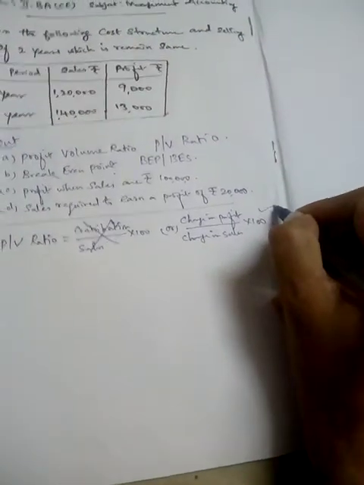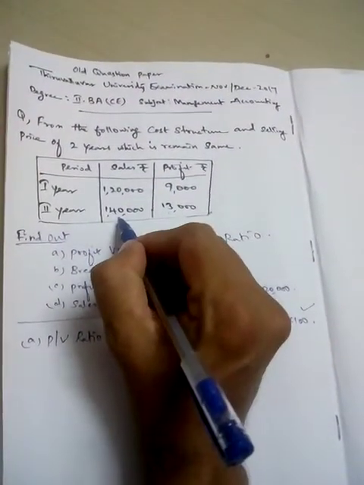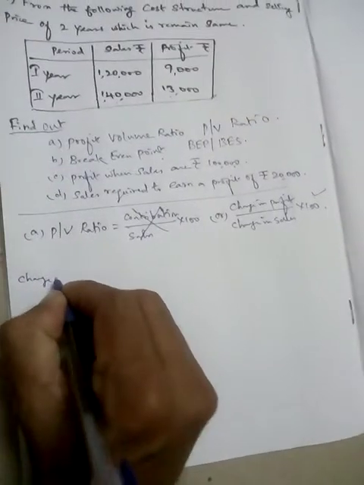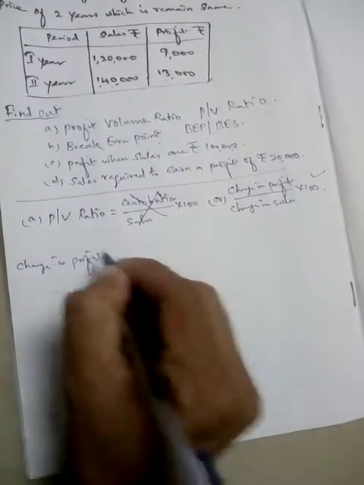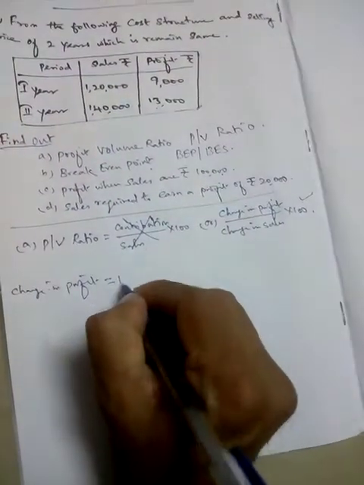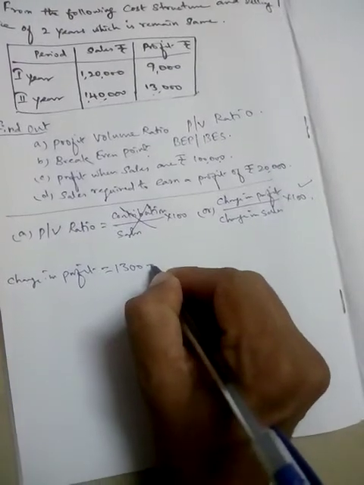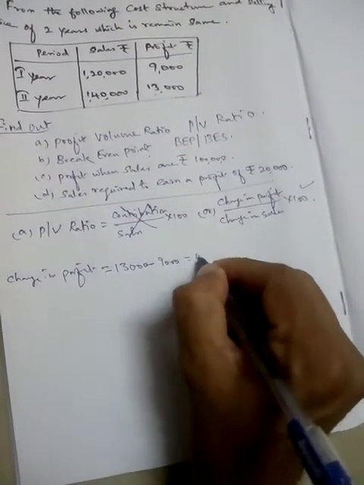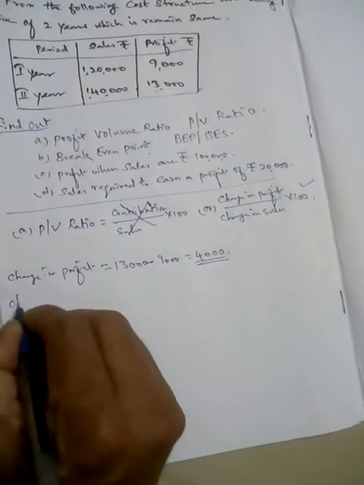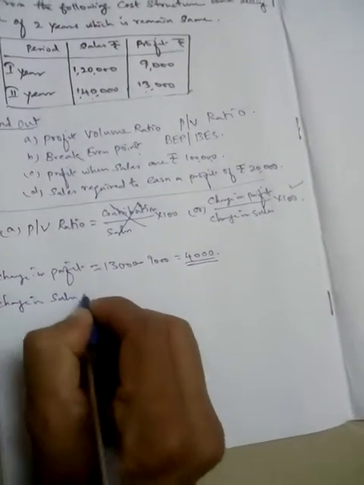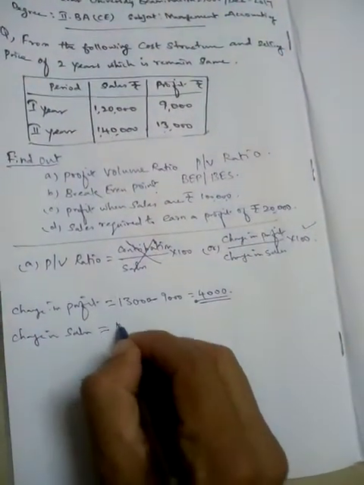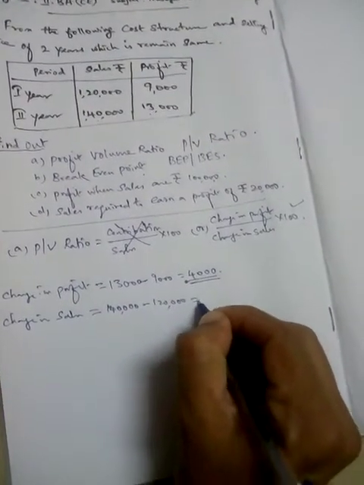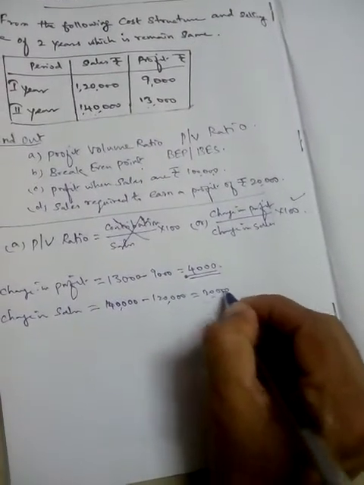We have to take change in profit, because two profits and two sales are given, so you can find the changes. Change in profit is second year profit minus first year profit: 13,000 minus 9,000, you get 4,000. The change in sales is 1,40,000 minus 1,20,000, you get 20,000.